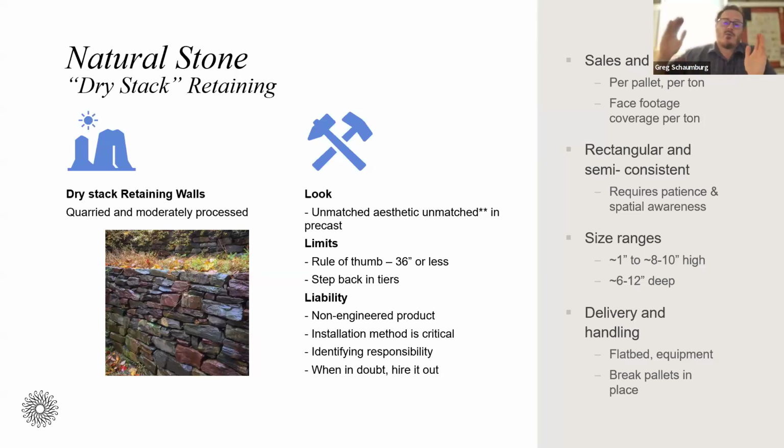But once we start holding back grade and we have moisture and soil and everything else behind that wall, 36 inches is about the maximum that you can do safely with a dry stack wall. There's always examples where you can break that, but above 36 inches, what you want to do is step back in tiers. So if you go up 36, you want to go back at least 36 or more, and then step back again. So you're stepping up in big steps.